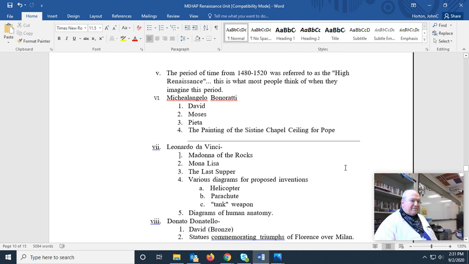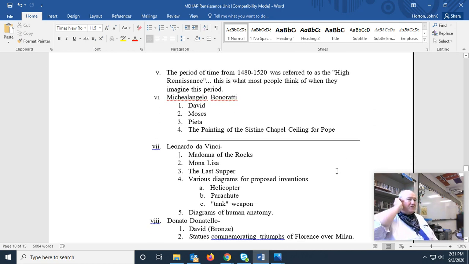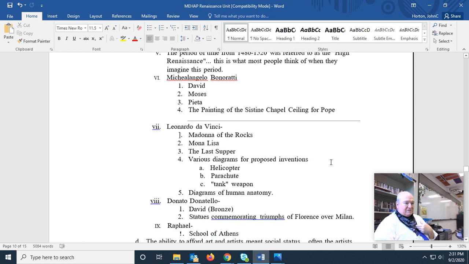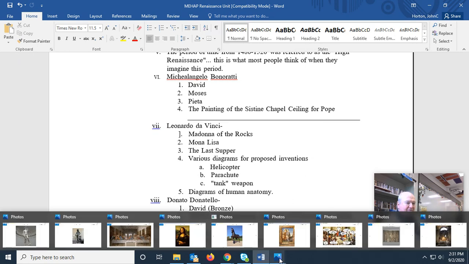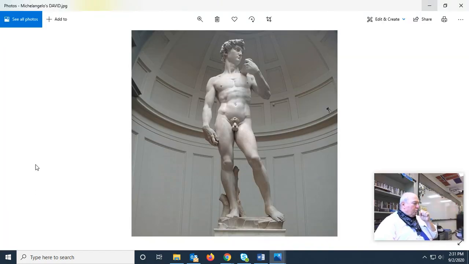So, the period of time, 1480 to 1520, was referred to as the High Renaissance. This is what most people think of when they imagine the Renaissance period. Michelangelo Buonarroti, my favorite Renaissance artist, created David. What you're looking at now is the most famous sculpture in the world, the sculpture of David.